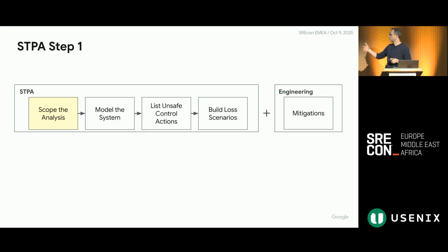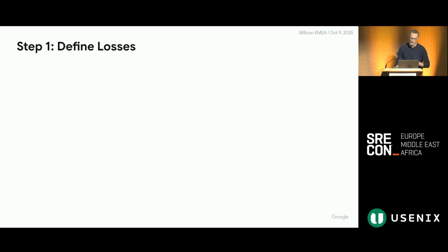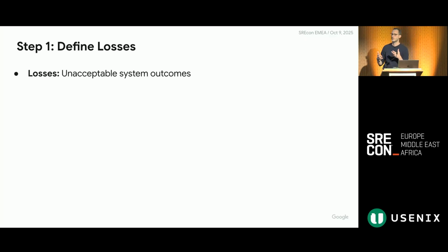So, step 1, scoping our analysis. The first thing we do in STPA is to define the losses. So, these are the unacceptable outcomes for our stakeholders in the system. And at Google, we found that the losses tend to be of similar nature for most of our internal software systems.